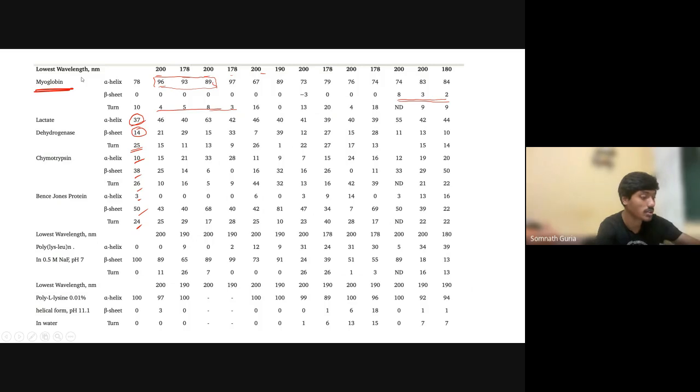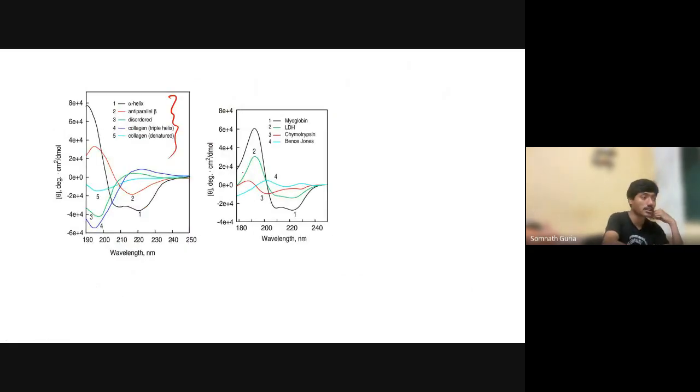So that's why in that spectra we can see that the myoglobin shows an alpha helical structure, because it has more than 90% alpha helical structure. Then LDH, lactate dehydrogenase, has a little amount of alpha helix, followed by a broad kind of structure: 208 and 202 for the alpha helix, and 218 for the beta sheet.